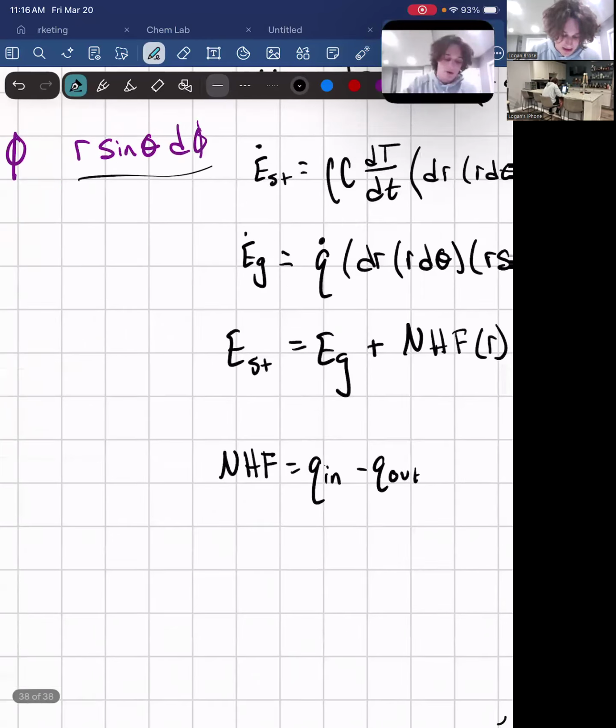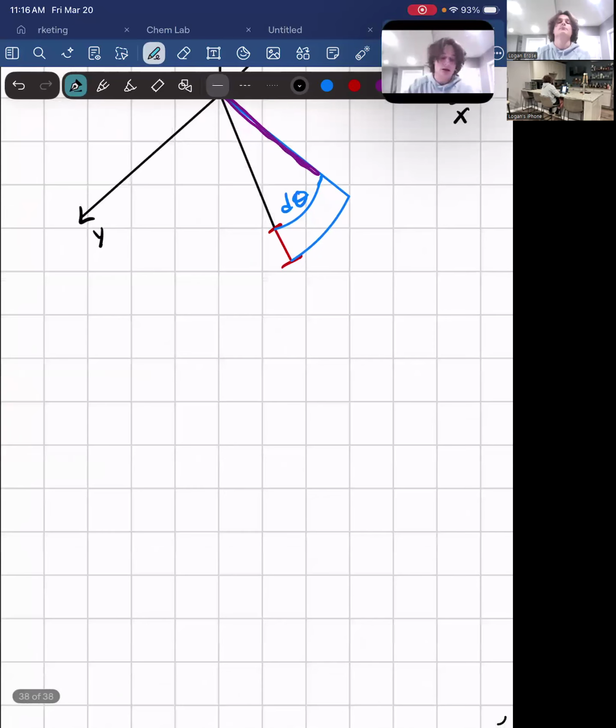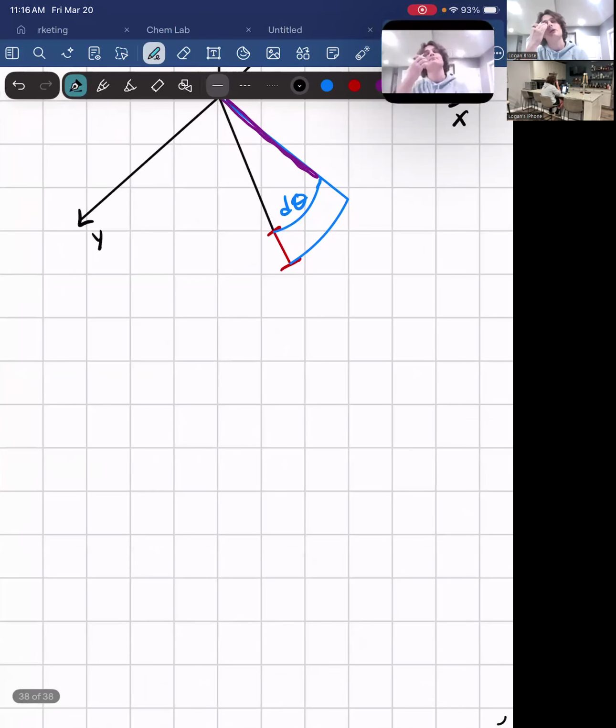So what we're going to do now is the same thing that we did when doing Cartesian and cylindrical. We're going to do our Taylor series expansion to get our equations for our net heat flow. So we know that when we do this, we have the heat diffusion of the change in our value.